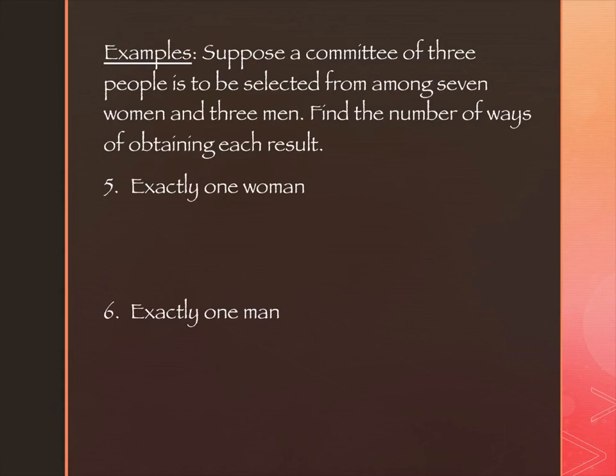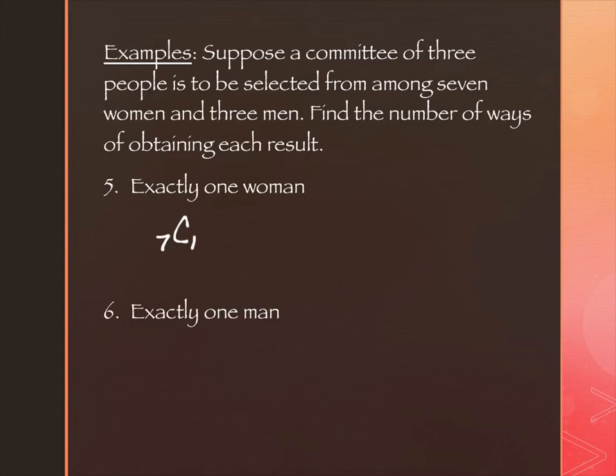This one says exactly 1 woman. If there's exactly 1 woman, how would I go about selecting that woman? What would the notation be? 7C1, that's right. Selecting 1 woman from among 7 is 7C1. But that does not create a committee of 3 people. That's a committee of 1 right now.